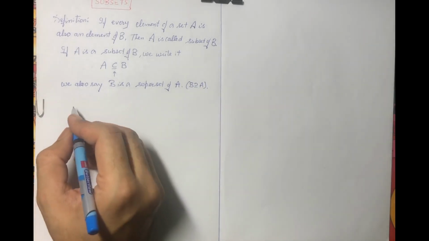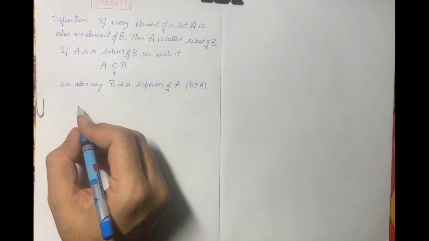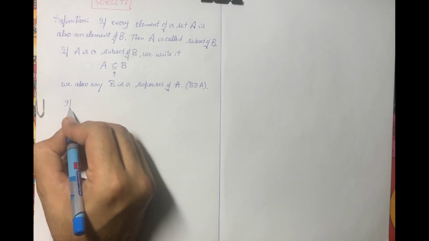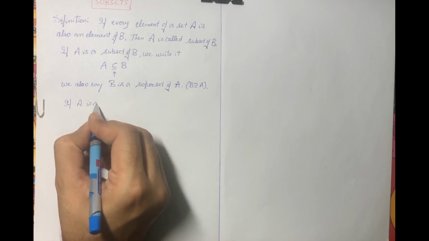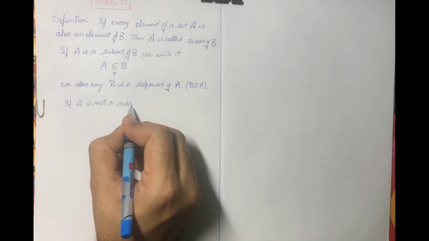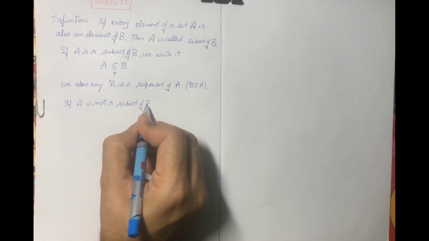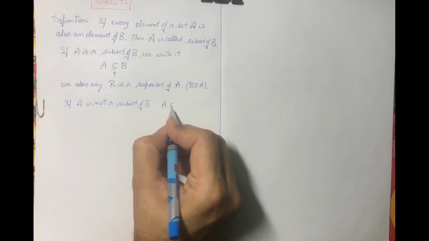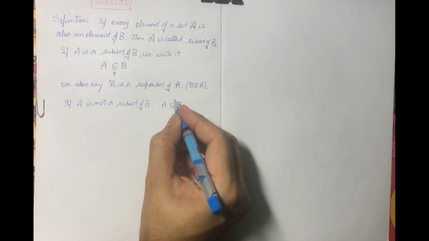Now, how can we express if A is not a subset of B? Using the same symbol, we just strike it.